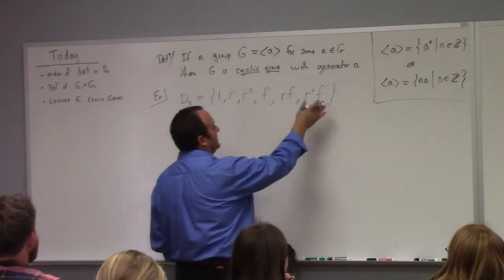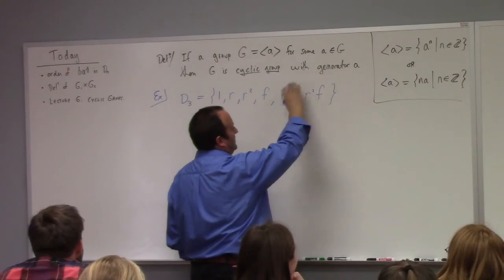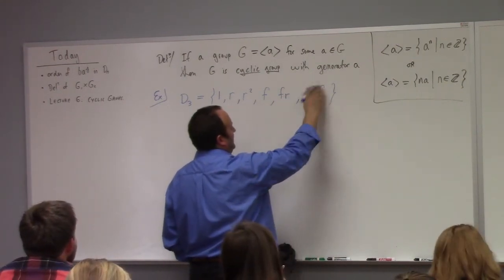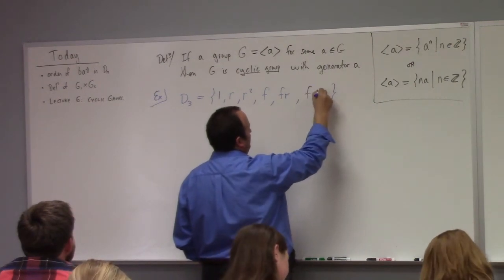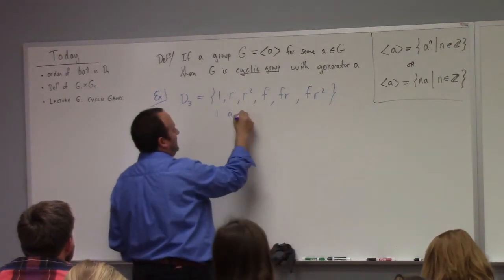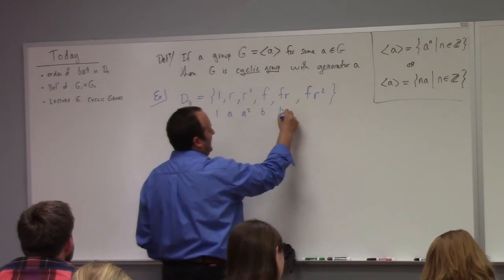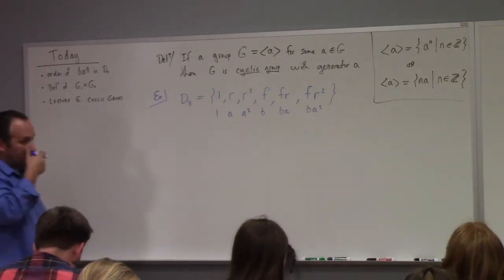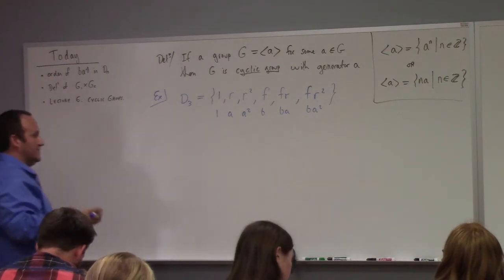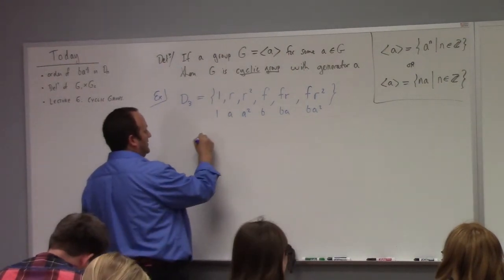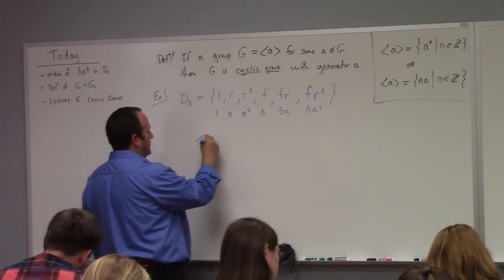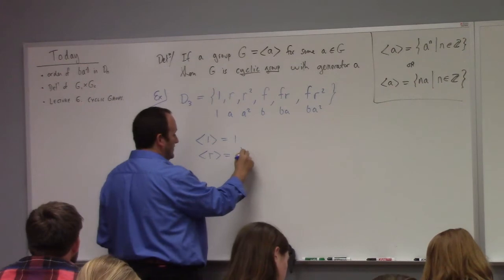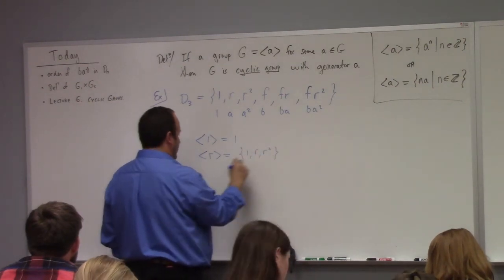But I think the way I've done this is probably more honest for me to put it like this. That's more in the spirit of 1, a, a squared, b, ba, ba squared. That was the formatting I was using, so I think I have the opposite in the notes. But anyway, question: what's the order? If you look at the cyclic subgroup generated by 1, you get 1. The cyclic subgroup generated by r gives 1, r, r squared.